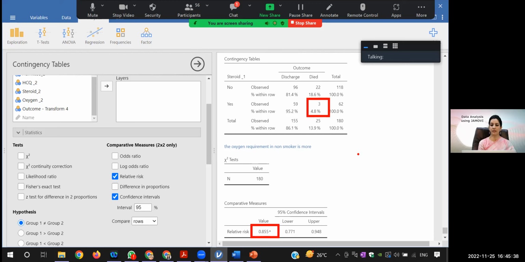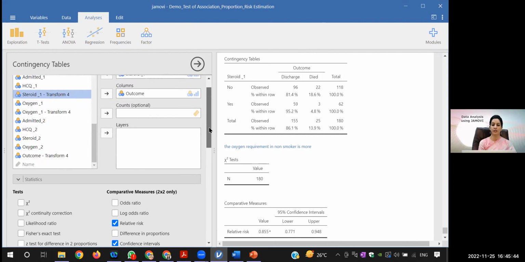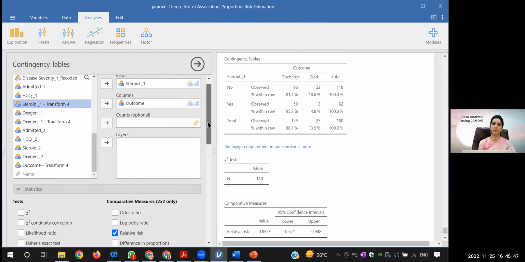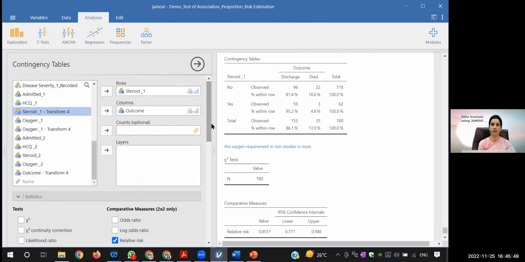But again, when I am saying this, it is not making any sense to me. So I want to see that in people whom I have given the steroid, what was the odds of the outcome?